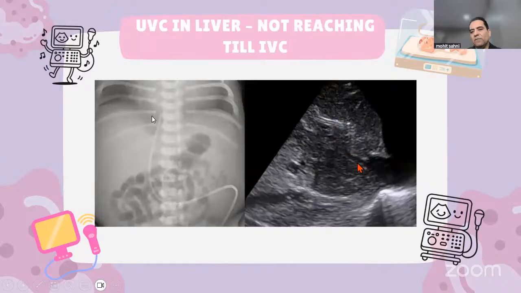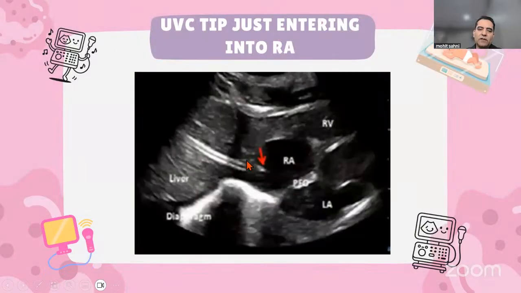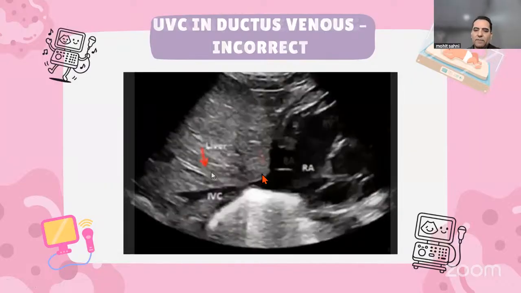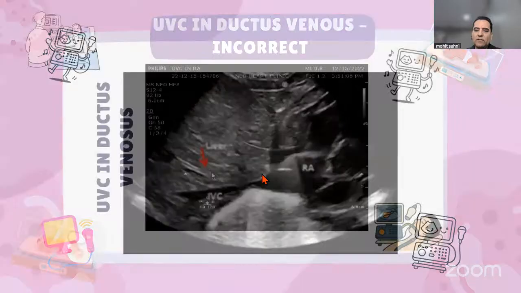This is IVC, and when it joins the IVC, this is the ideal. This is where the IVC is entering into RA. So this tip should have been here, but it is low. And here you can see the tip is just entering into RA. So it has crossed that junction. It is slightly high.